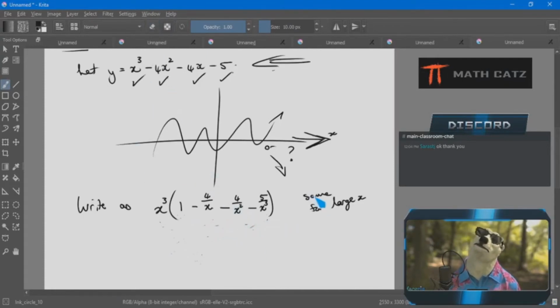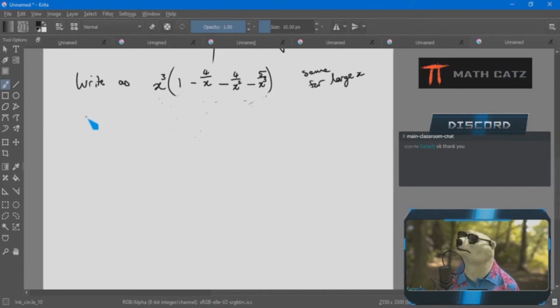Okay. So for large values of x, this function version is equivalent. So now the question is, what happens to the pieces as x gets really big? The first one is a slower discussion. Once we get the hang of it, it's going to speed up a lot.